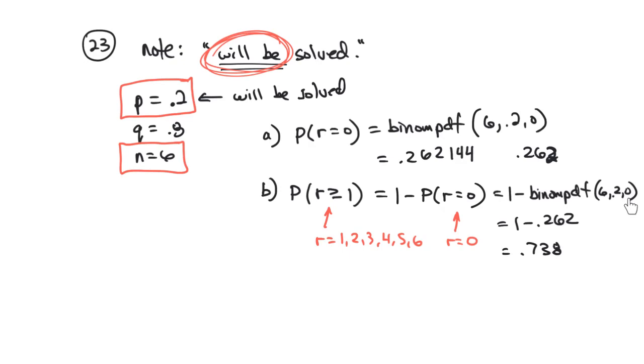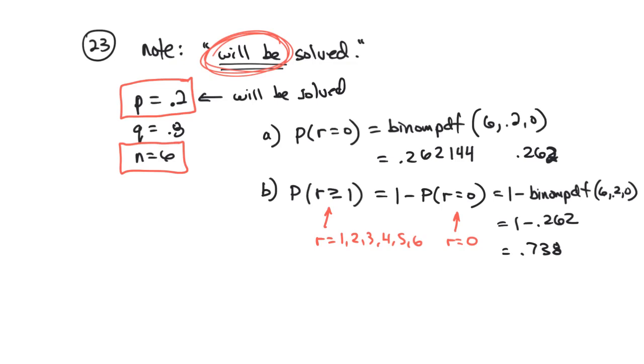It's only because of the 0, because cumulative doesn't have anything to add up yet, because it starts at 0, okay? So sometimes students will mention, hey, I use CDF and I got the same thing. It's only because it's a 0. As soon as you put a 1 here, or anything other than 0, then PDF and CDF are going to give you different numbers.